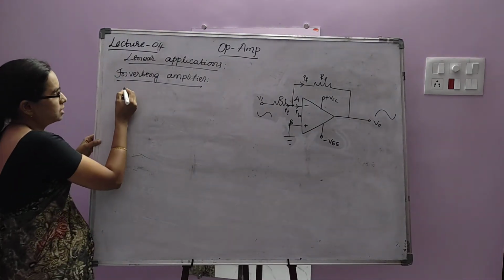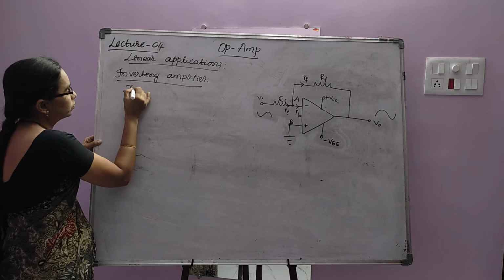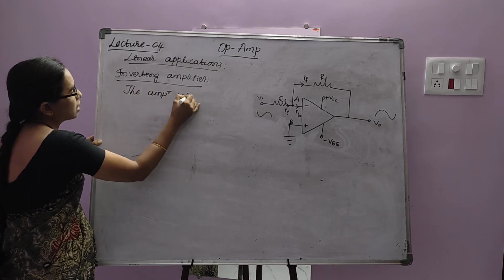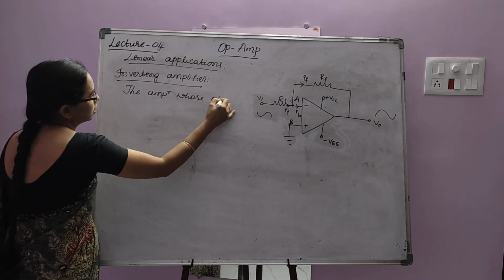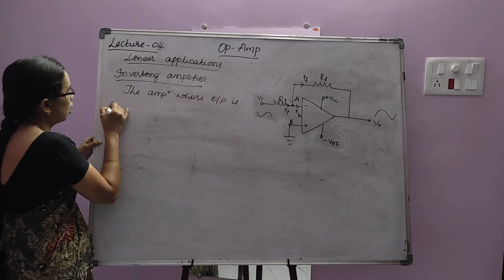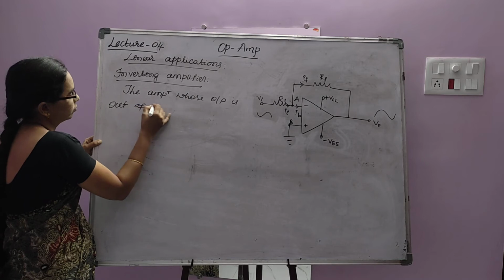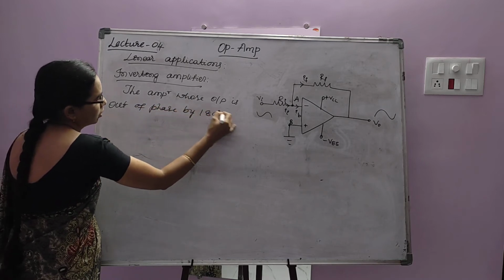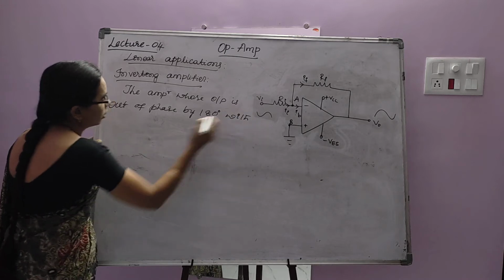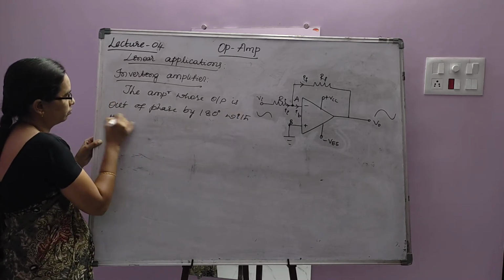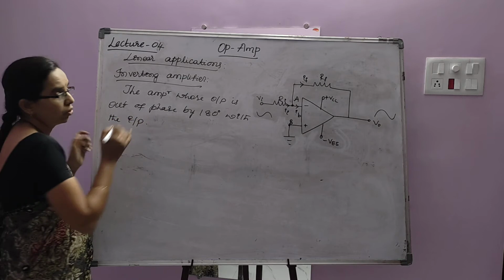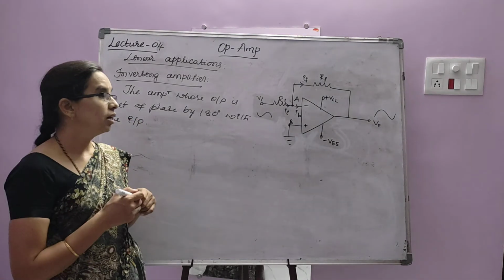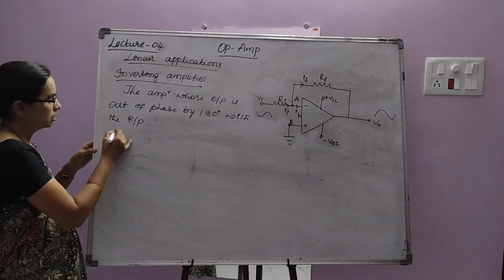An inverting amplifier is an amplifier whose output is out of phase by 180 degrees with respect to the input. We have considered an ideal op-amp here.